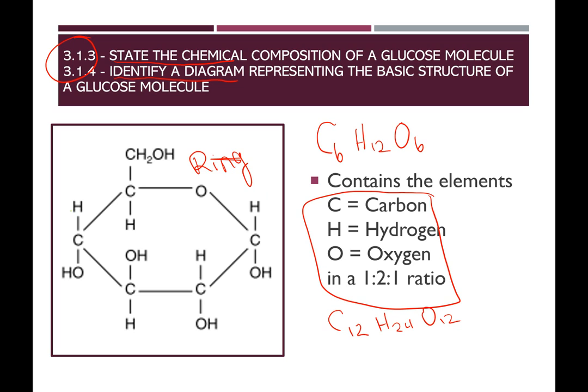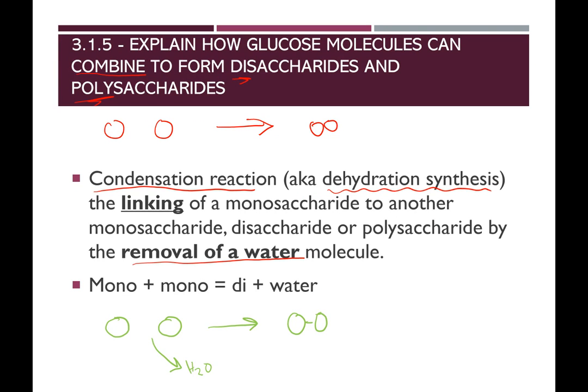Notice here, we've got an H and an OH. What we're going to do is we're going to take the H from here and the OH from the next molecule, combine them, and move them away, all right? HOH is H2O. So we're going to take the H and the OH, pull them out, and that's going to create a bond right here.